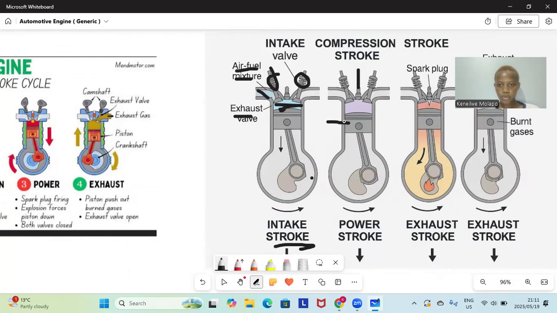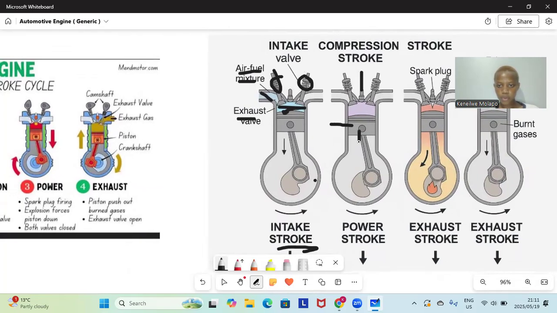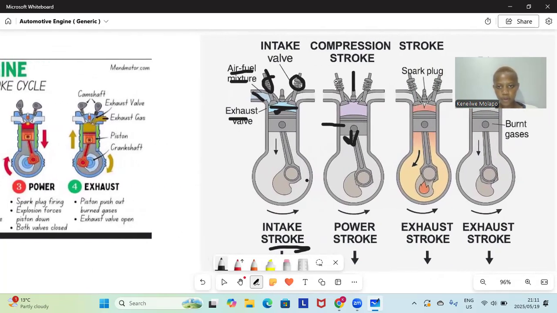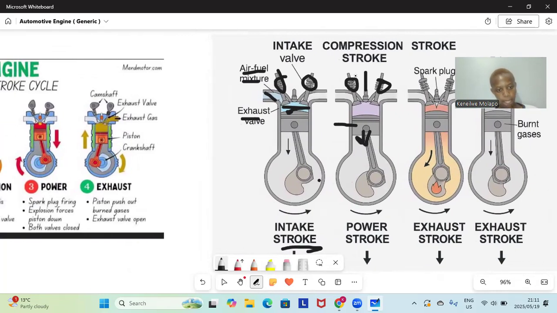Your piston goes down, and both valves are closed. Both of these valves are closed. That's what you have to know: your piston goes down, both valves are closed, and the spark plug fires. It's for your power. Then you have power.